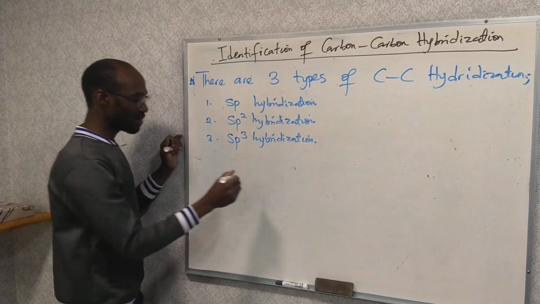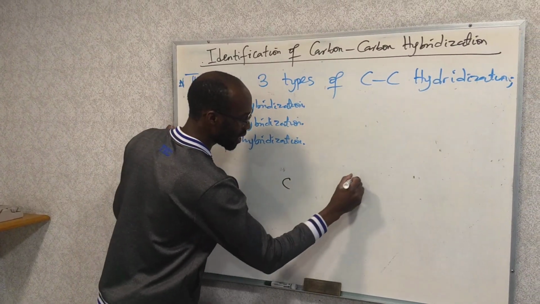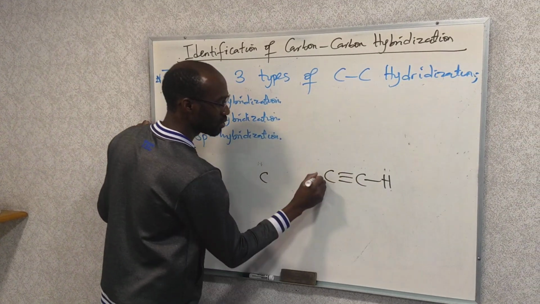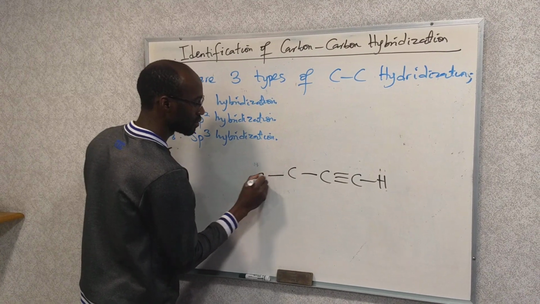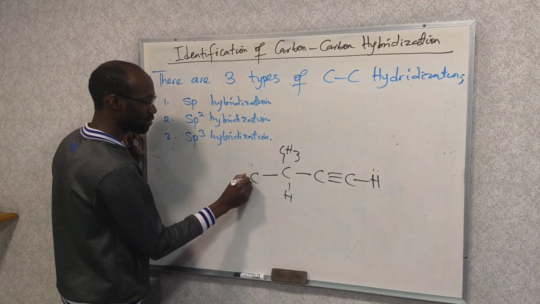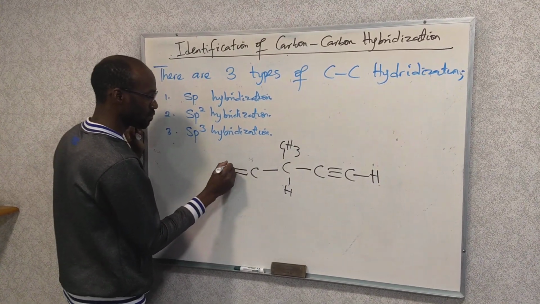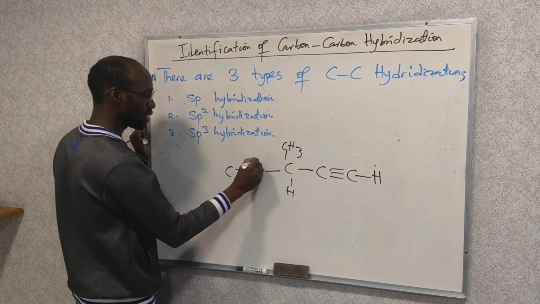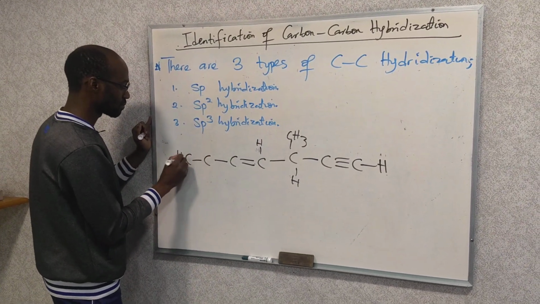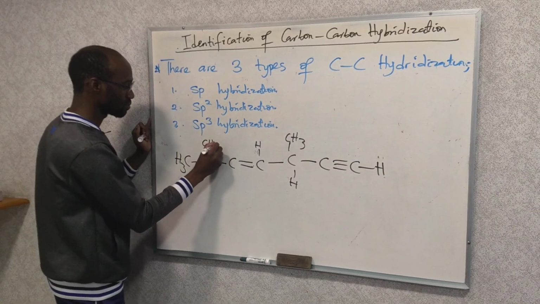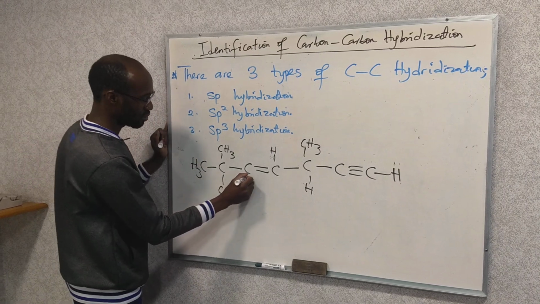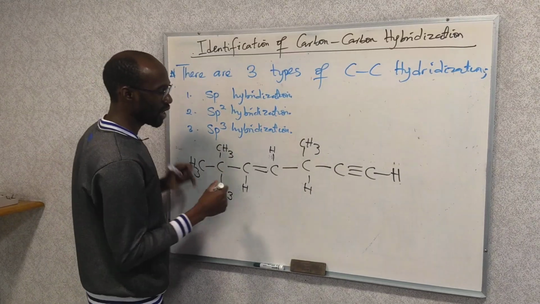Let's take a look, for example, at this compound. We have this carbon, we have H, we have another carbon here, another carbon, a double bond here, and more carbons.